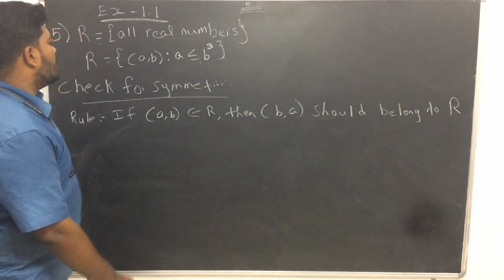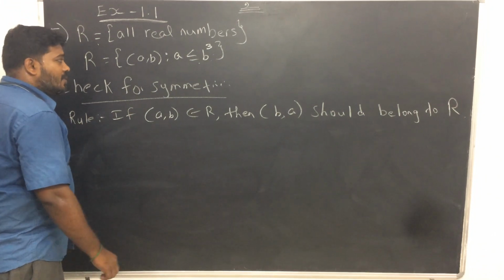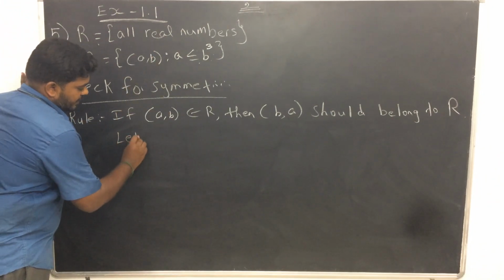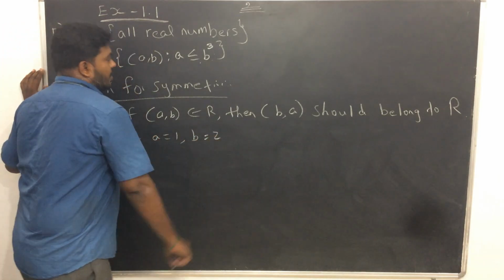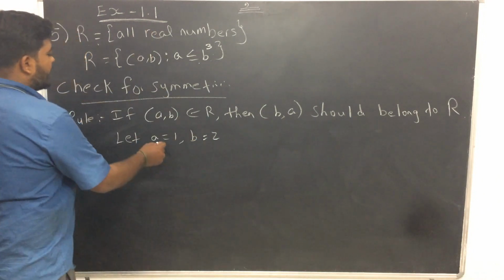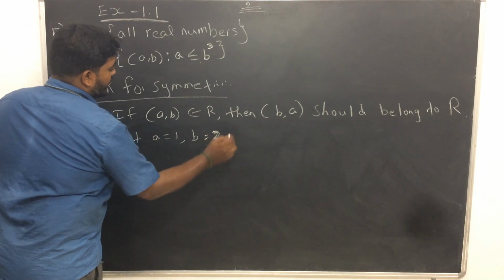So here I am going to assume that a is 1 and b is 2. Of course, these two are real numbers.